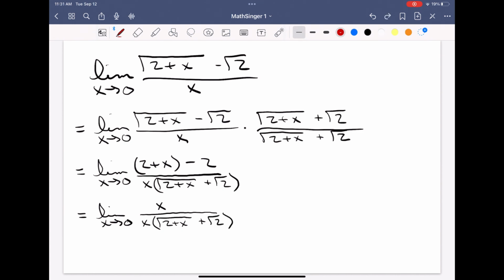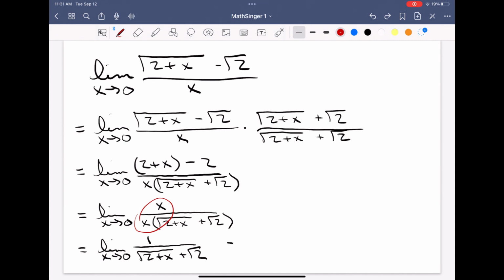And so this expression includes the form x over x, which is just 1. So we can now rewrite this limit as x approaches 0 of 1 divided by the square root of 2 plus x plus the square root of 2. And we're now in a situation where whenever we evaluate our expression at 0, we no longer have an undefined expression.